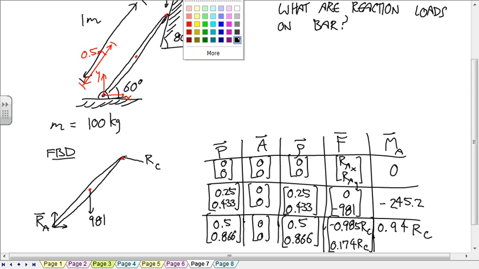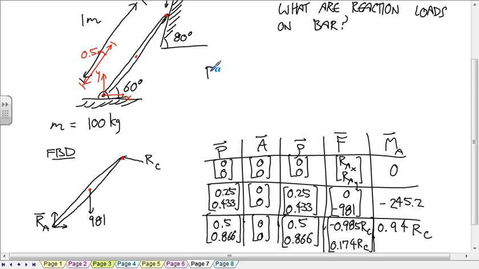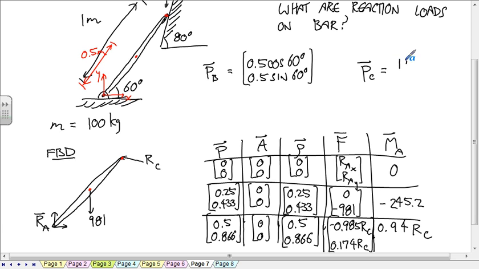So the point B is 0.5 times cosine of 60 degrees, 0.5 sine of 60 degrees. And the point C is 1 times the cosine of 60 degrees, 1 times the sine of 60 degrees.